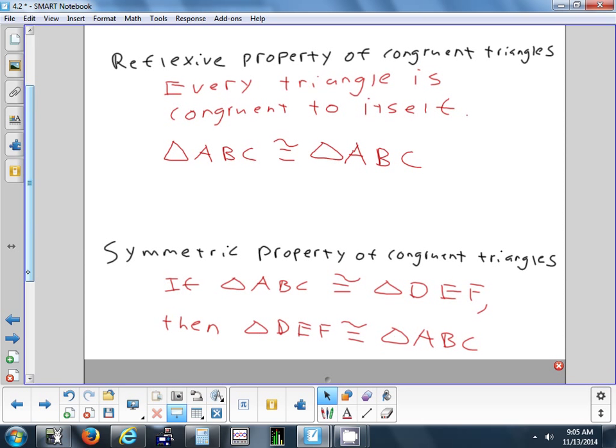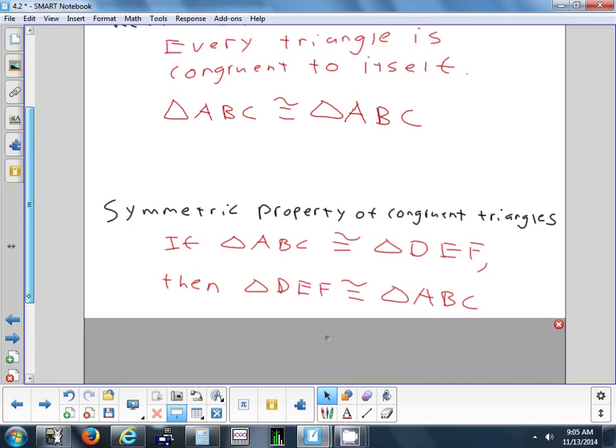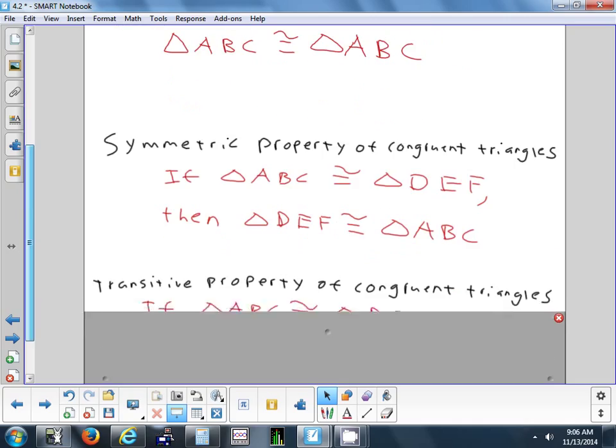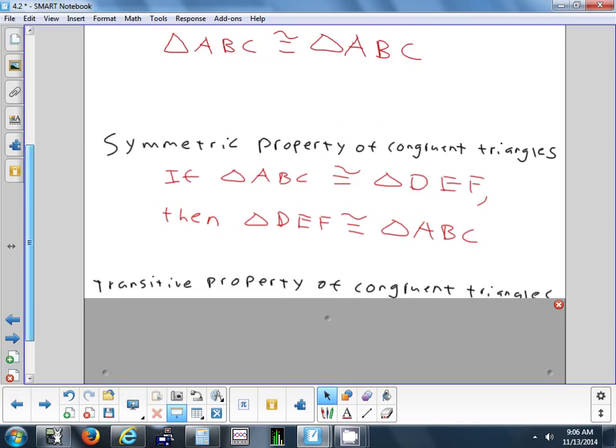And the last one is your transitive property for congruent triangles. Anybody think they could give me an example, like explain what the transitive property is kind of in general? And then we'll do it with a triangle. We've done the transitive property with parallel lines. We did it with angles.